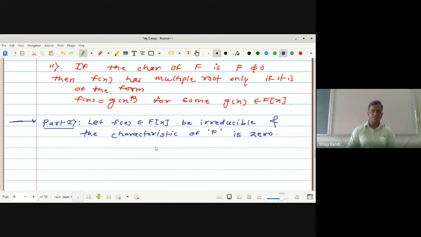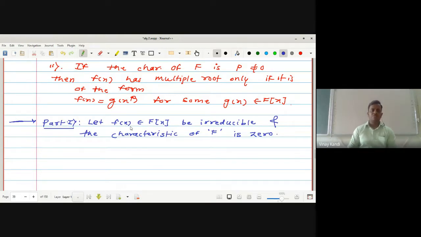What is the meaning of this sentence? The field must be infinite. If the given is characteristic of F is 0, then it implies that the field must be an infinite field. Characteristic of F is equal to 0 means that the field is infinite.